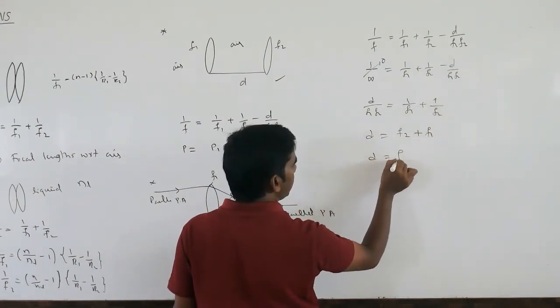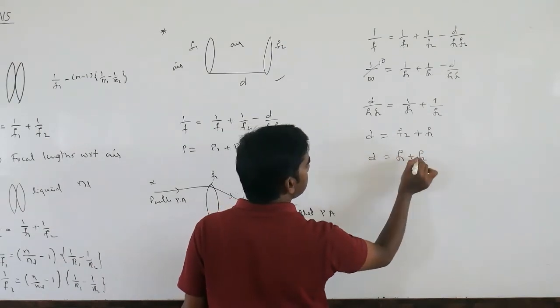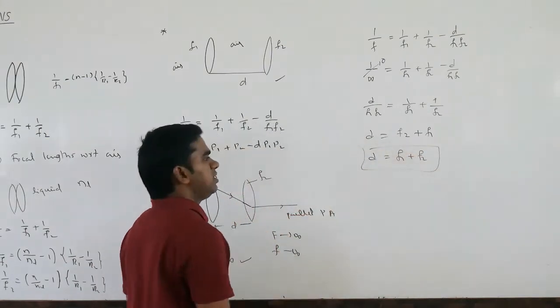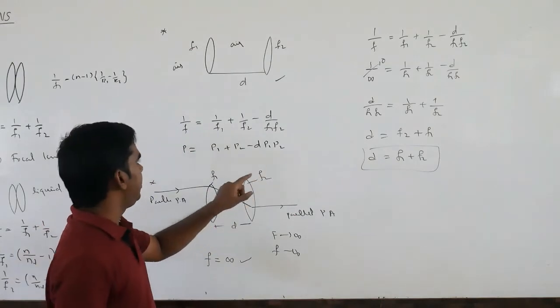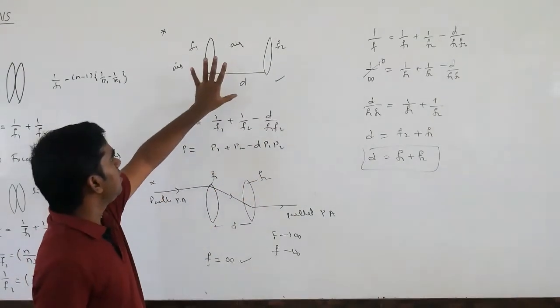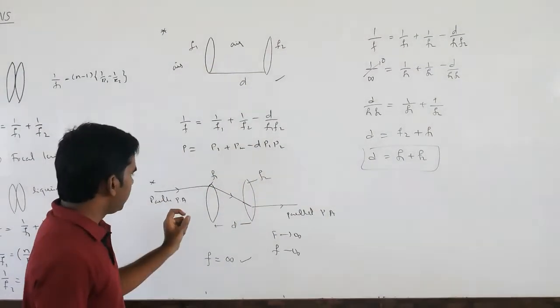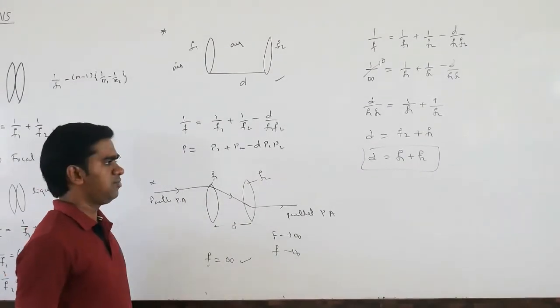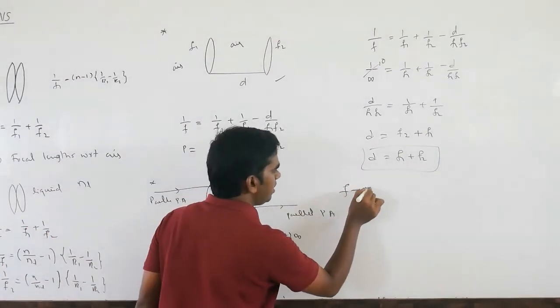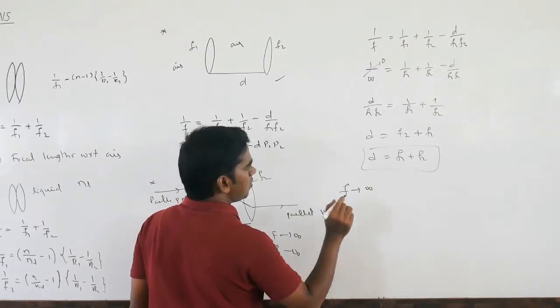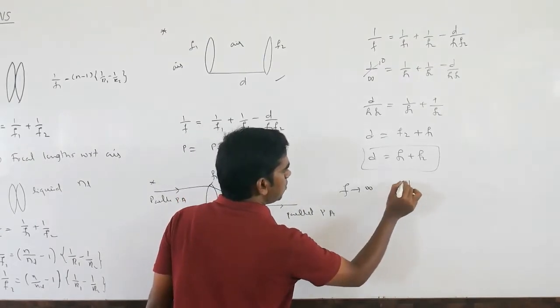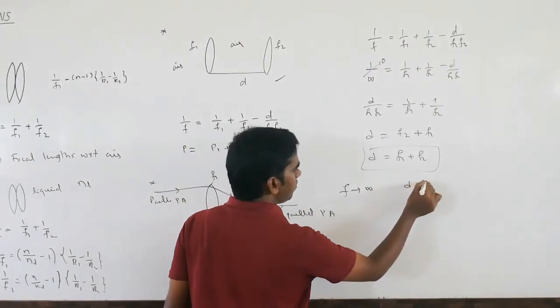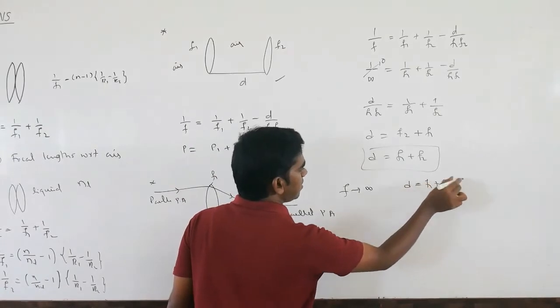So d equals f1 plus f2. This is the condition for d if you want the focal length of the combination to be infinite. You have to keep the two lenses at a distance d equals f1 plus f2.